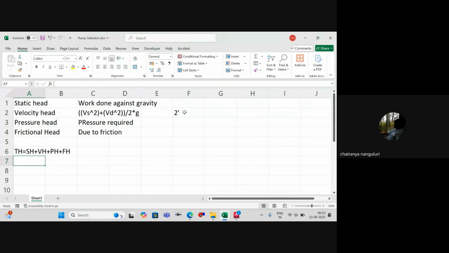Once you have the total head and you know the flow rate, you will be able to assess something called brake horsepower, BHP of a pump.